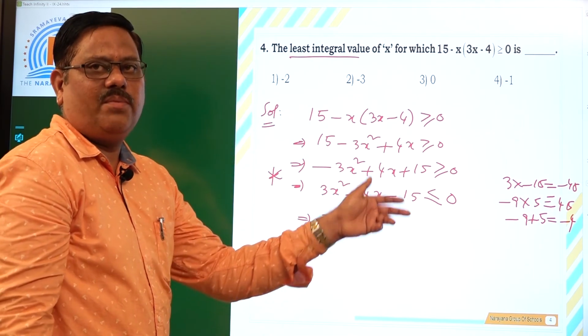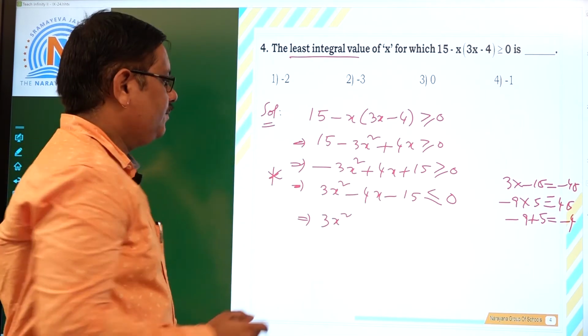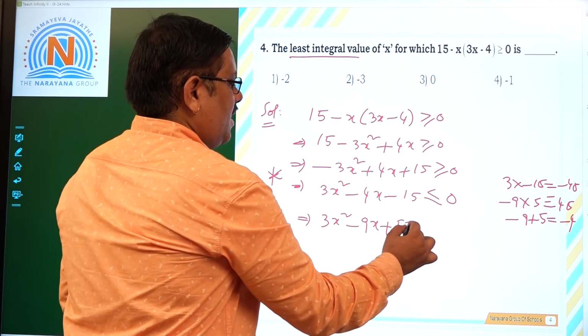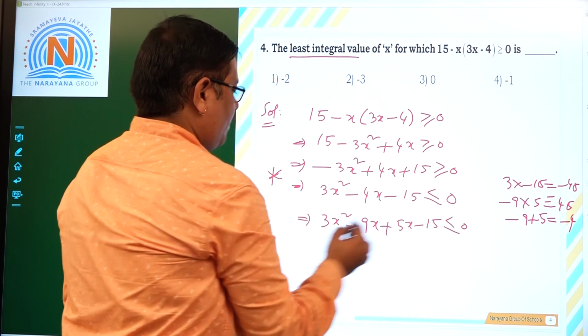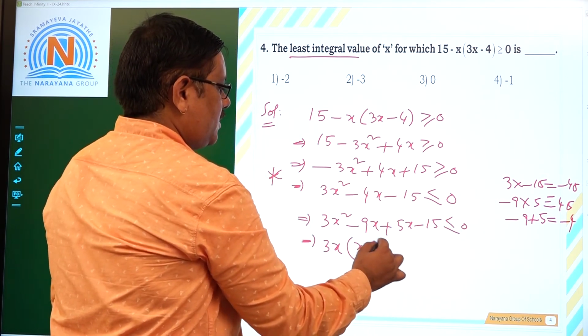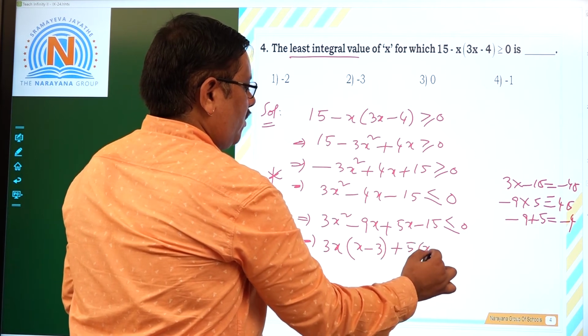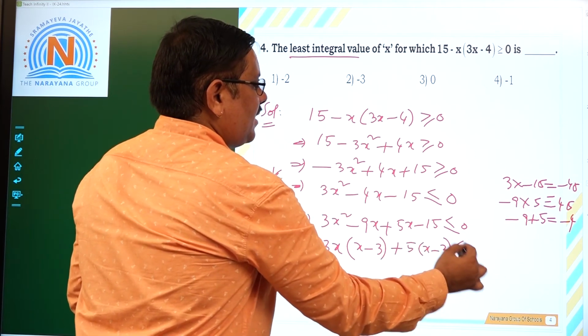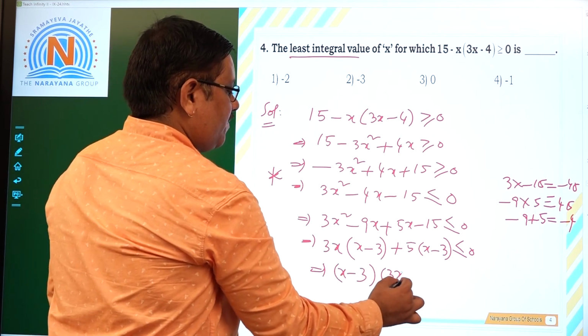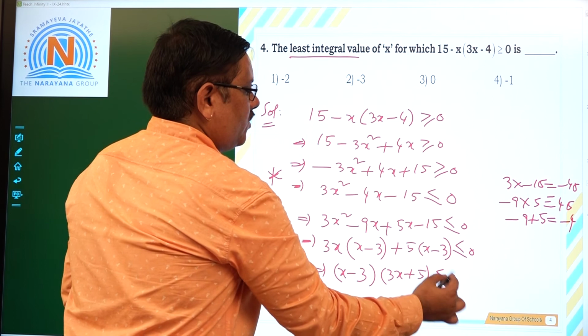That is how we proceed to split the middle term. 3x square will take minus 9x plus 5x minus 15 less than or equal to 0. That is otherwise 3x if you take common here, you are going to have x minus 3, plus 5 if you take common, you are going to have x minus 3, less than or equal to 0. That is otherwise x minus 3 times of 3x plus 5 less than or equal to 0.